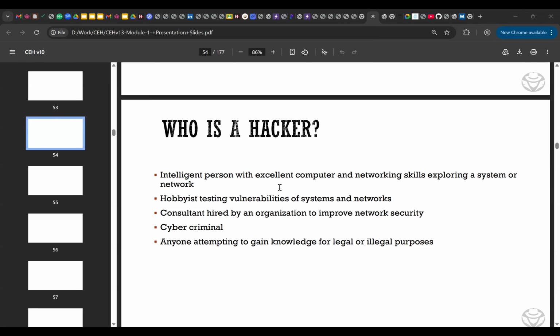A hacker could also be a hobbyist who has a hobby of testing vulnerabilities of systems or networks. He could also be a cyber criminal, or someone attempting to gain knowledge for legal or illegal purposes. So anyone with these intentions or motives could be a hacker.